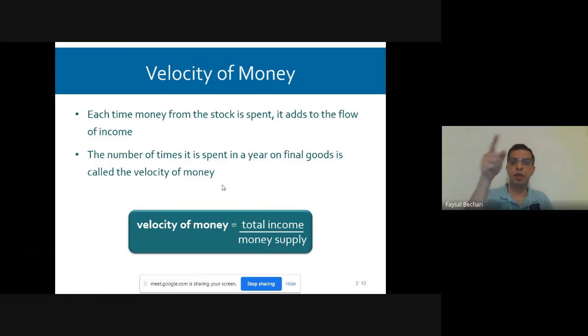So how quickly does this money, when the business pays it as rent or buys things, move again to the hands of households? And this circulation is called the velocity of money. So it is the total income over money supply.